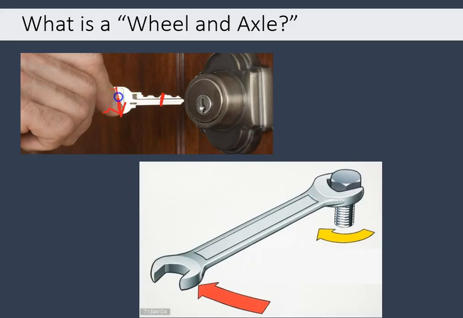So every key, if you've ever put a key into a lock and turned it, you've used a machine. So that's maybe 3 to 1. Even a wrench. When you use a wrench, you trace out a large circle to make this inner circle turn. So it's just the ratio of the big diameter to the little diameter.